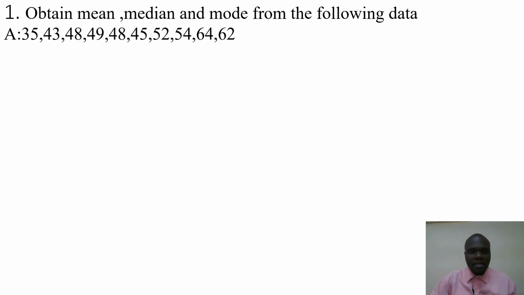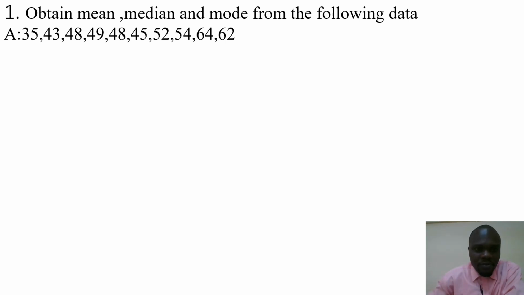With me here, I have an example that we are going to do, where we obtain the mean, median, and the mode from the following data. We are given that the data is 5, 43, 48, 45, 48.